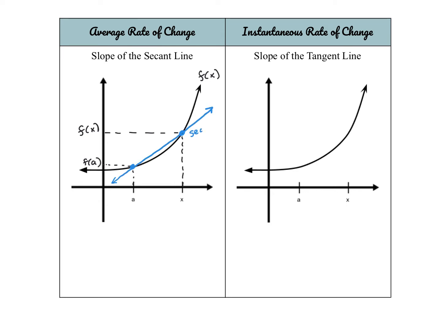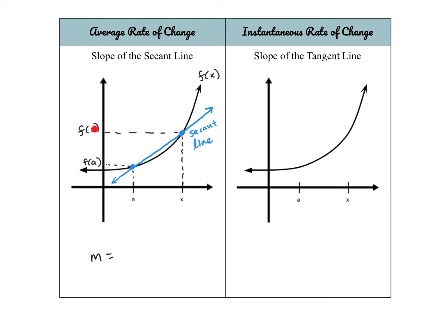This would be called a secant line. So if we want to find the average rate of change between 2 points, we just need to find the slope of this secant line. And we all know how to find the slope of a linear function. It's just rise over run, or y2 minus y1 over x2 minus x1.